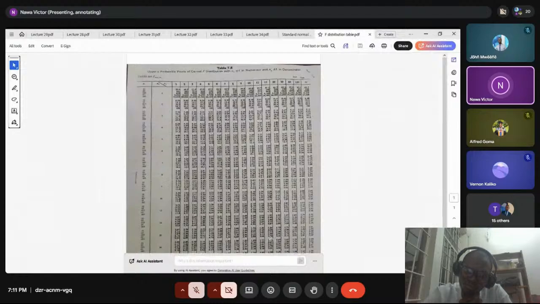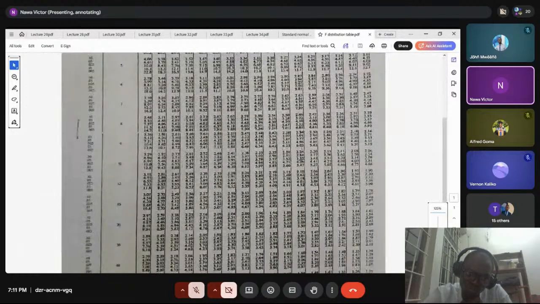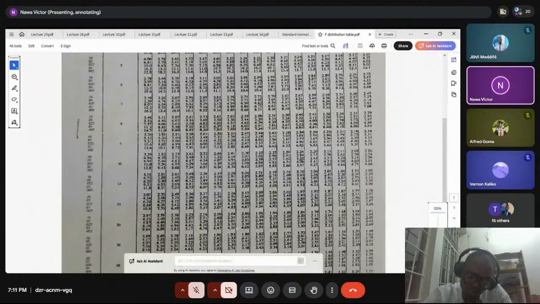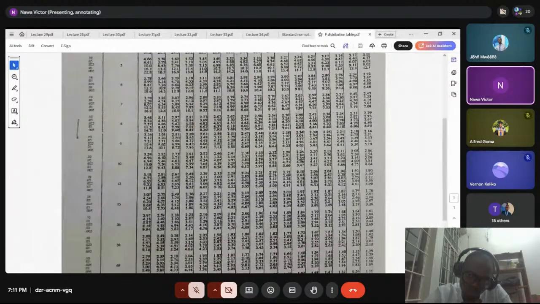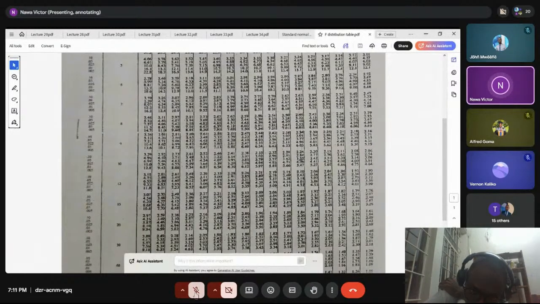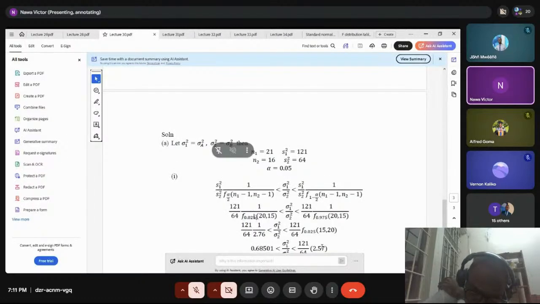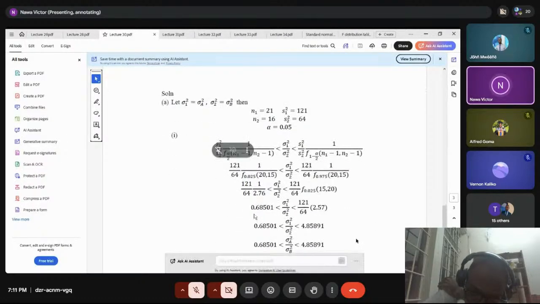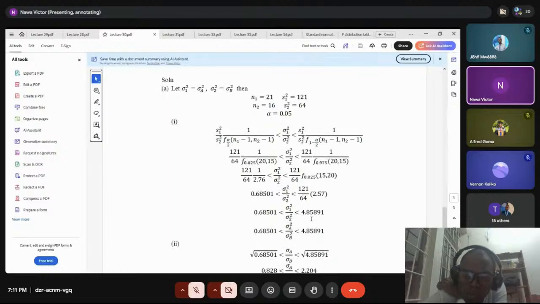Okay, so am I able to see 2.57? Are you able to see the 2.57? Right there. Yes. Okay, so that is the value we are going to use, 2.57, and then we multiply.